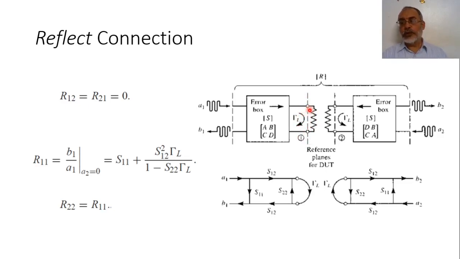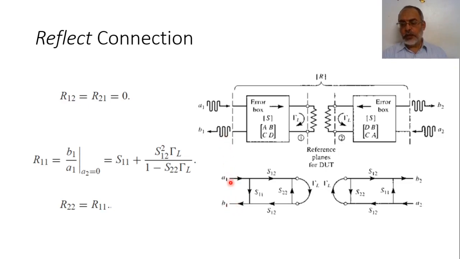Let us see what this additional gamma load will introduce for us. If we introduce a reflection coefficient, an arbitrary gamma load, to port 1 and port 2, we are going to measure the reflection and transmission coefficient. Actually, we don't have a transmission coefficient in this case. We have reflection only. So the reflection coefficient is B1 over A1.